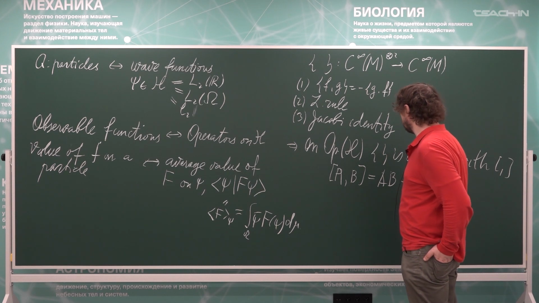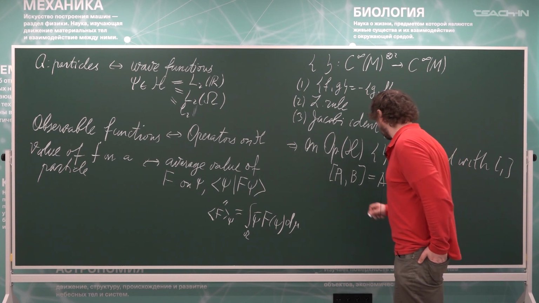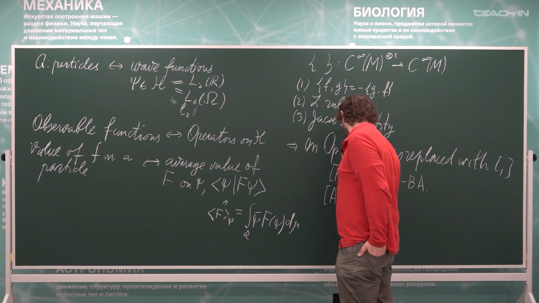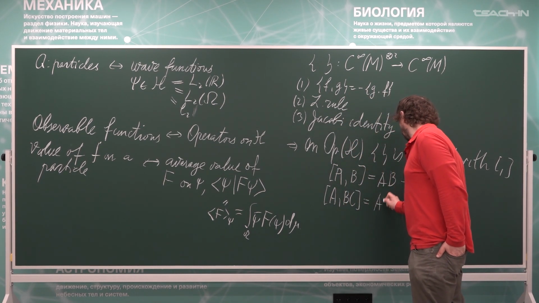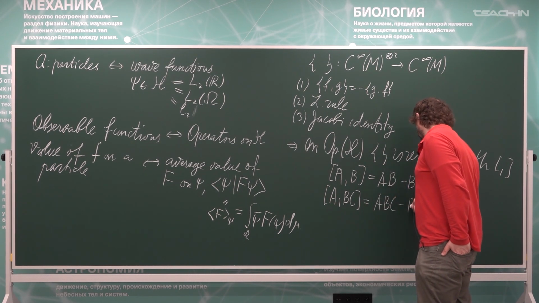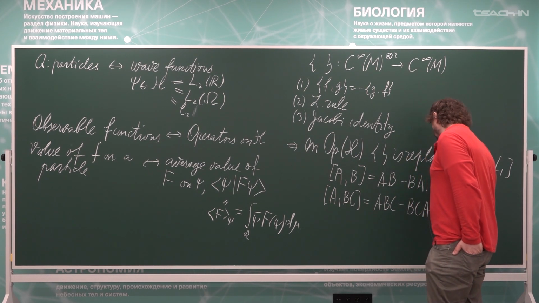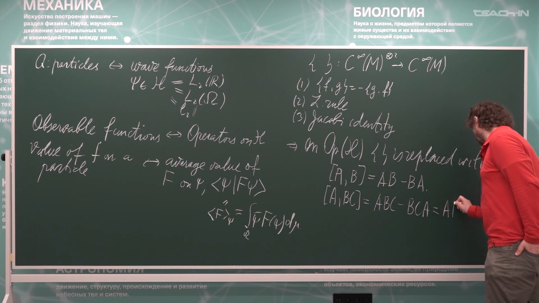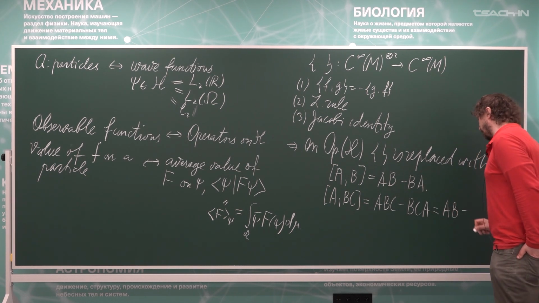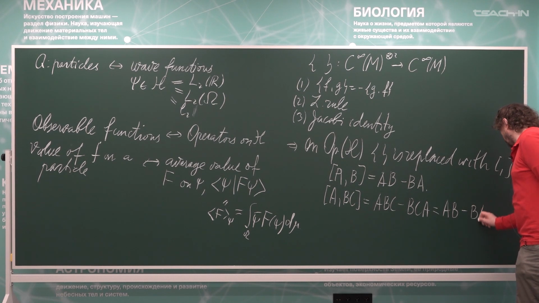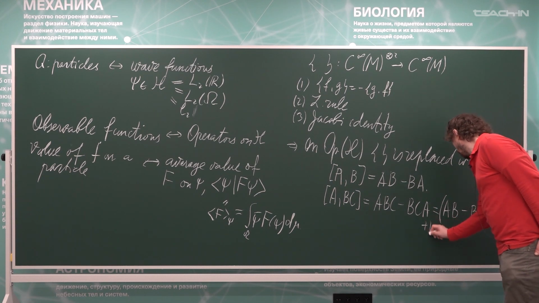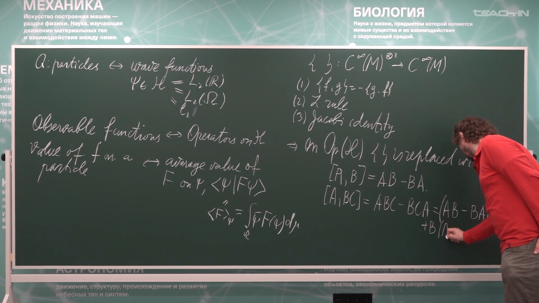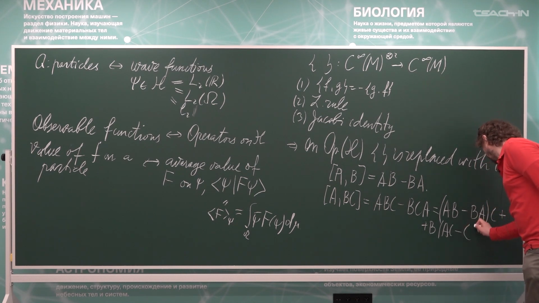As far as Leibniz is concerned, it's just something as simple as this. The commutator of A with BC is equal to ABC minus BCA. It is equal to AB minus BA times C plus B times AC minus CA.